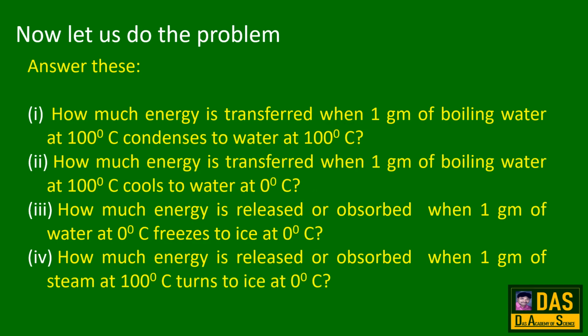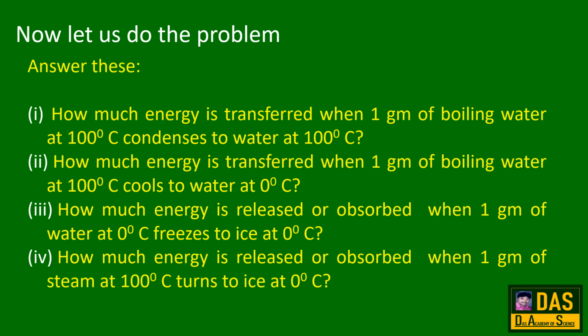Now let us do the problem. Answer these. How much energy is transferred when 1 gram of boiling water at 100 degrees Celsius condenses to water at 100 degrees Celsius? Second one. How much energy is transferred when 1 gram of boiling water at 100 degrees Celsius cools to water at 0 degrees Celsius? Third one.